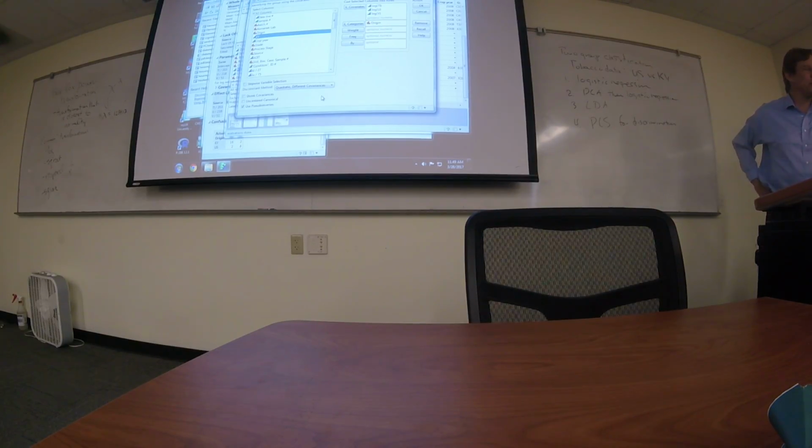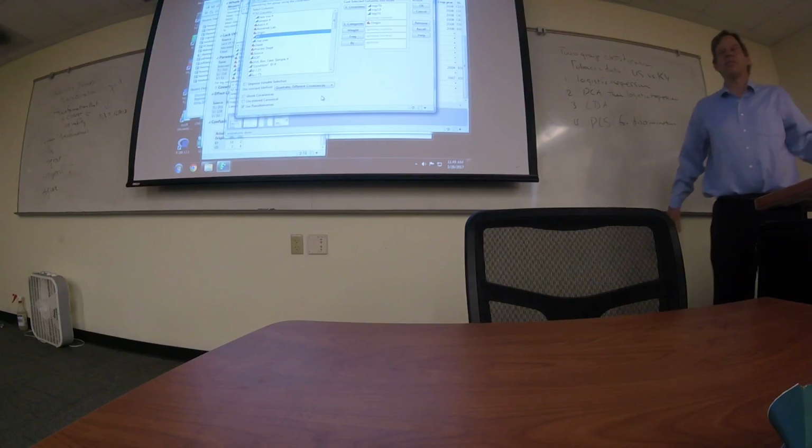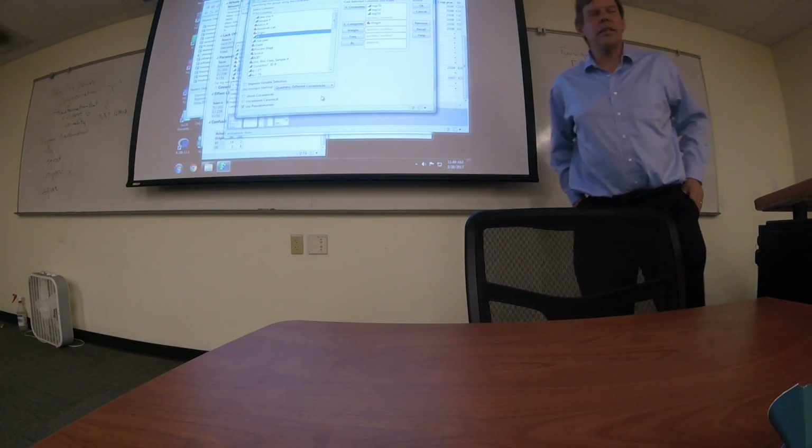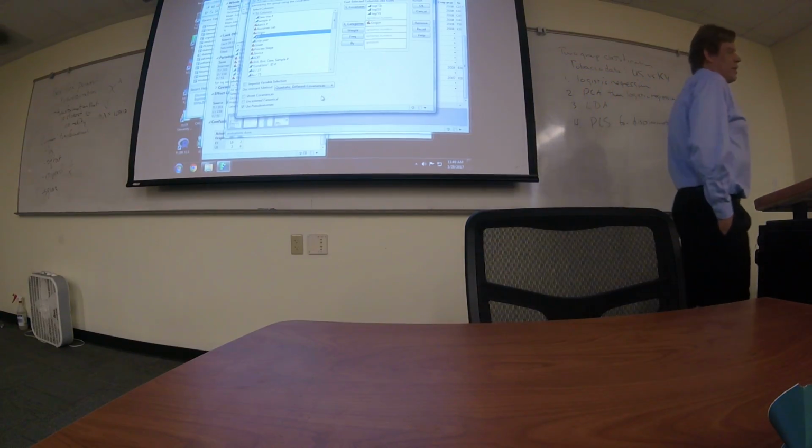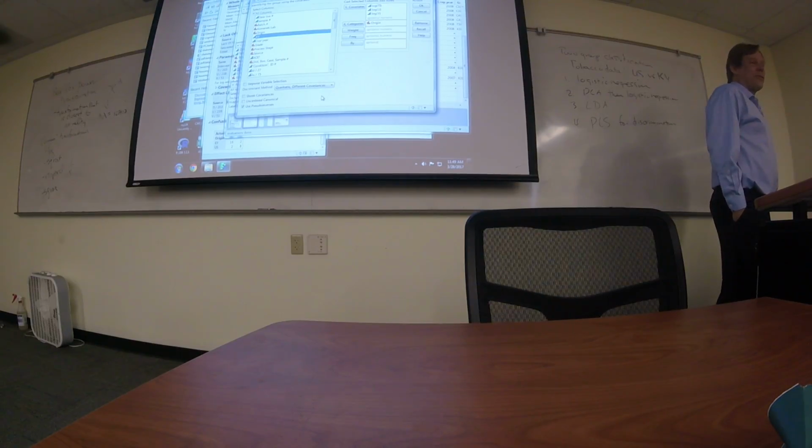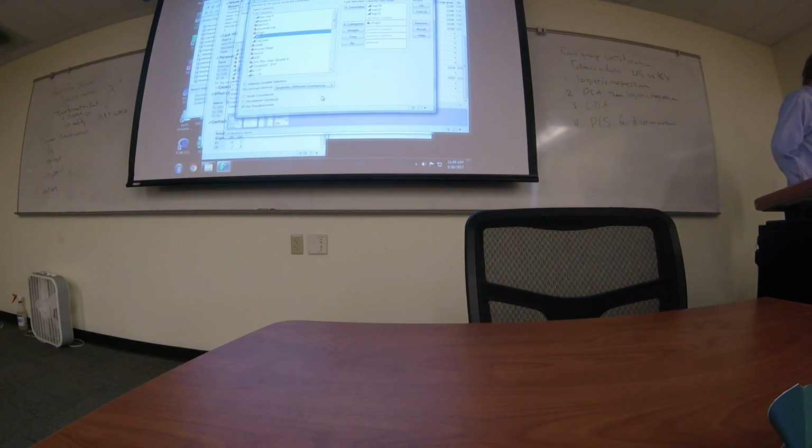This, by the way, is the one that 90% of the people forget to try, because in most data sets, it's not a good idea. It's not really true that the covariance of the two variables are the same.